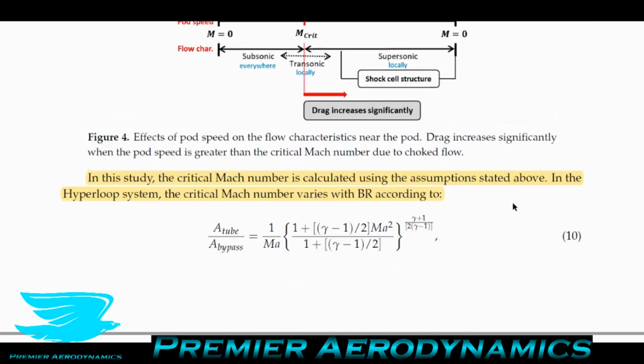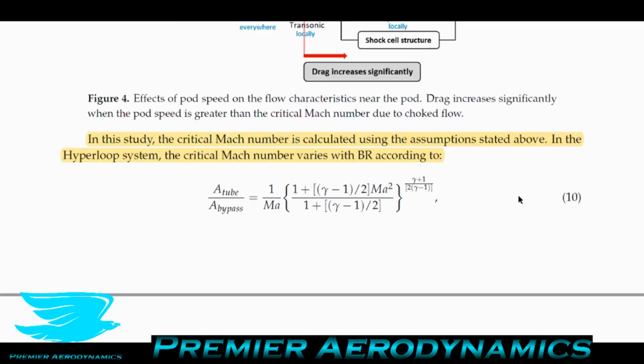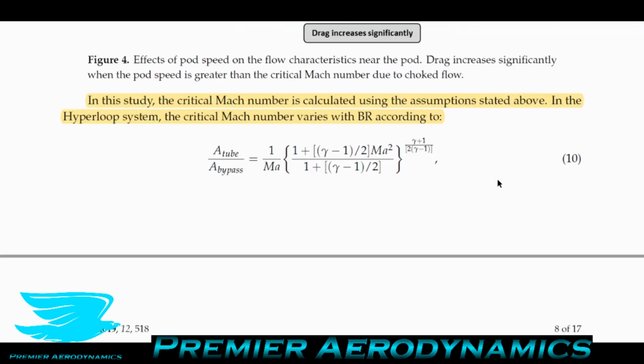So in this study, the critical Mach number is calculated using the assumptions stated above. In the Hyperloop system, the critical Mach number varies with the blockage ratio according to a certain formula. And this is a really cool formula because it only relies on the blockage ratio, the Mach number, and the specific heat ratio, as I mentioned earlier.